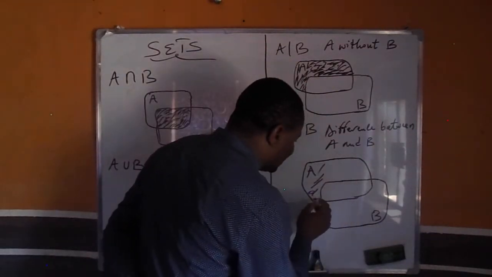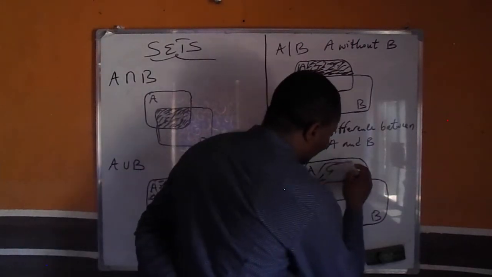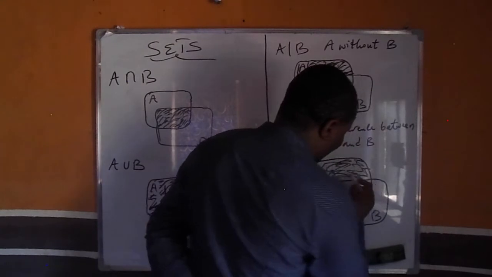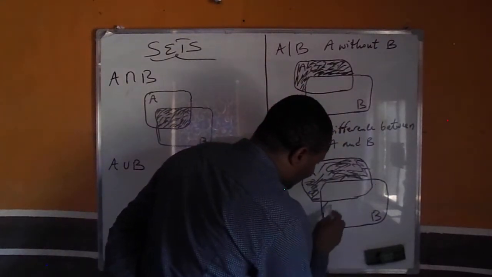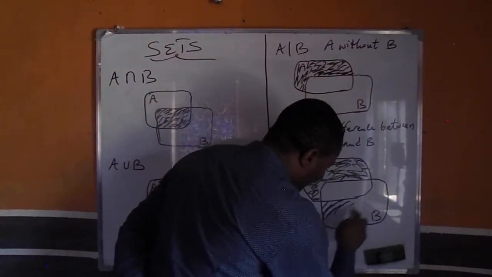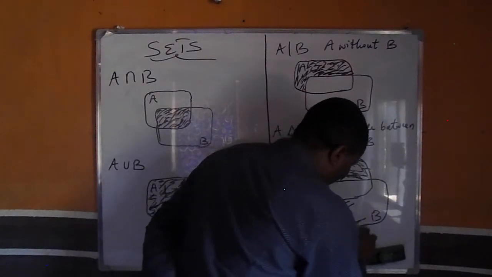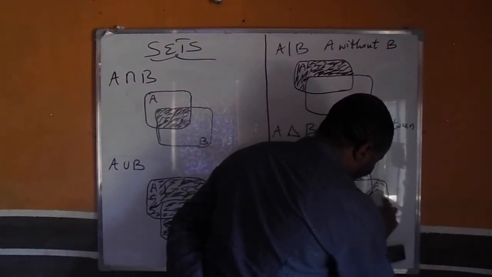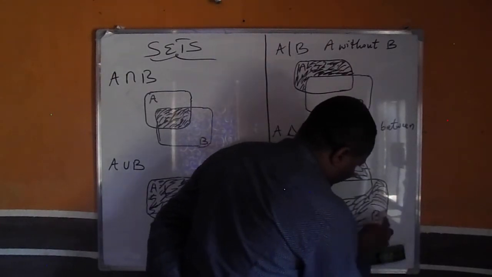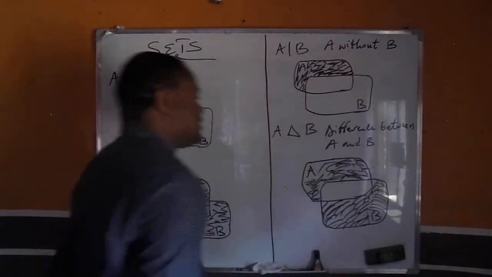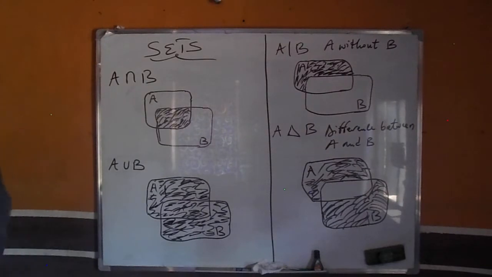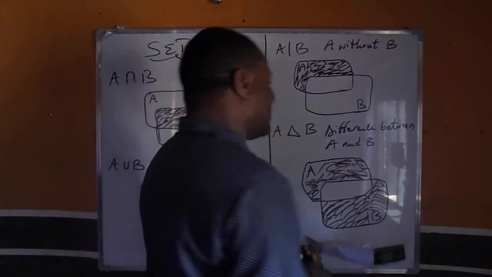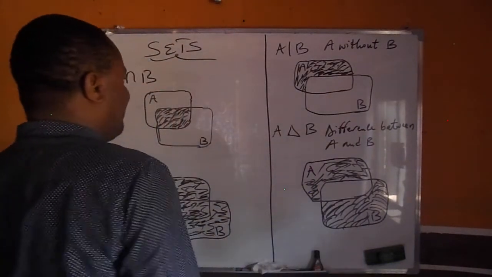So you have only A and only B shaded. This is it now. Only A and B is being shaded. This is the difference between A and B.